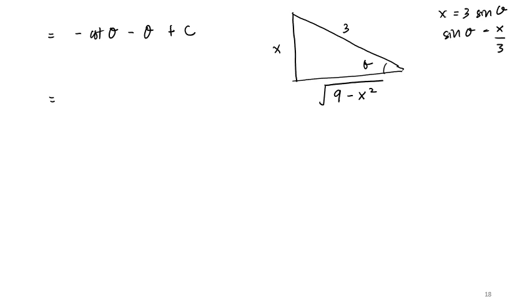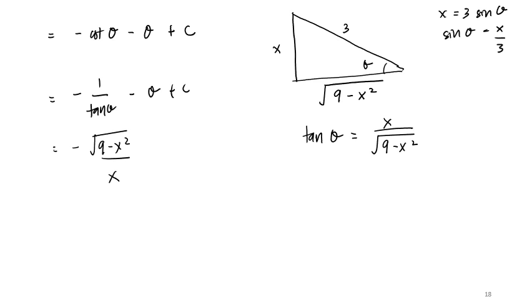Okay. So from here you can convert the cotangent theta. So cotangent is what? Cotangent is 1 over tangent. So 1 over tangent theta, minus theta, plus c. So tangent theta is opposite divided by adjacent, x over square root of 9 minus x squared. But 1 over tangent theta is the other way around, so you just put that in.